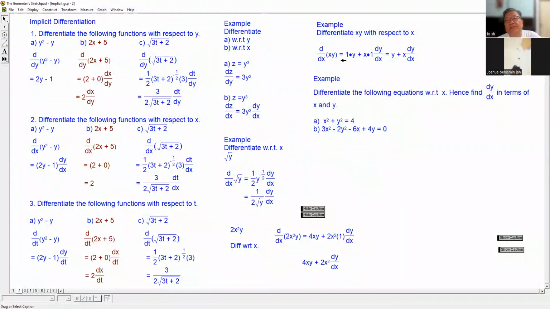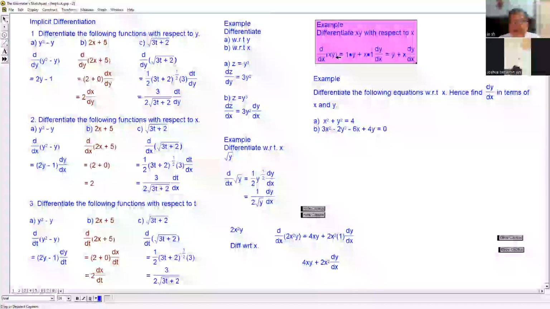Okay, now we look at this example here. We have a product of two terms, x and y. Now this x and y, I want to differentiate with respect to x. So I say d dx of xy. d dx of xy means I differentiate the product x multiplied with y with respect to x.